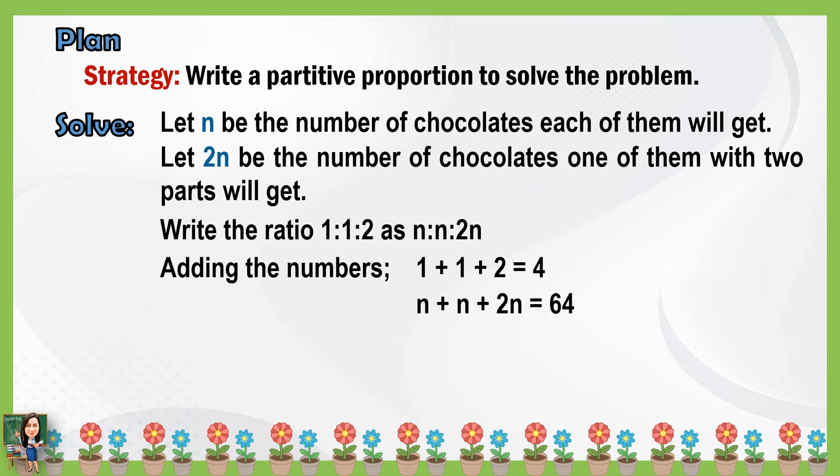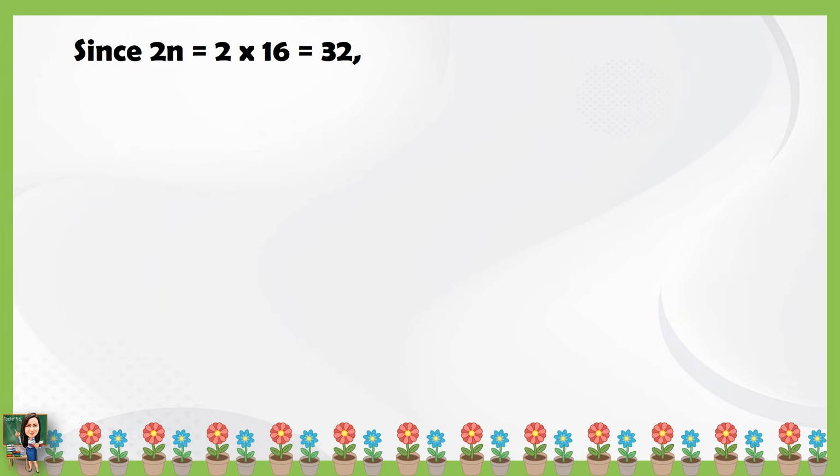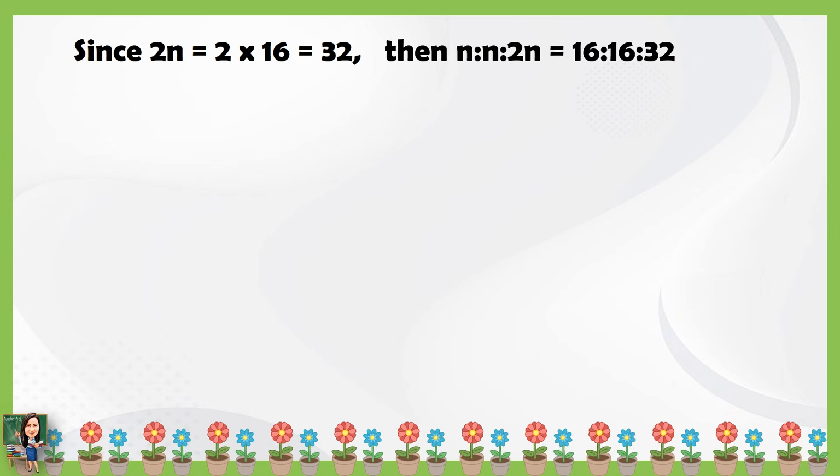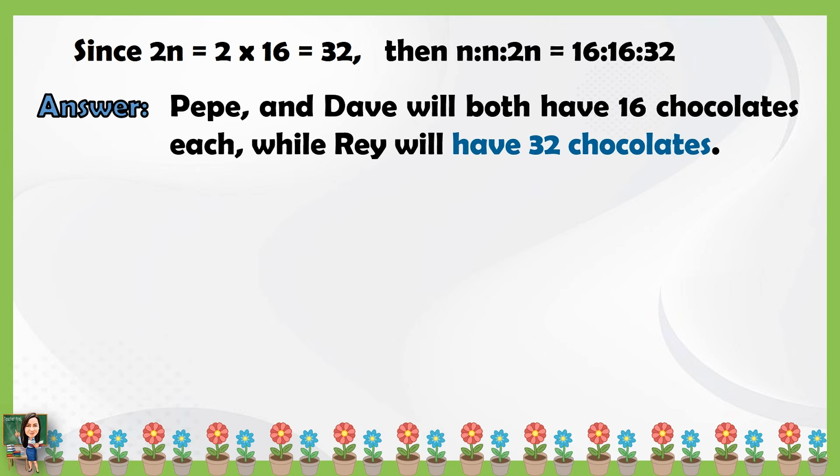Then n plus n plus 2n equals 64, which is the 64 chocolates. 4n equals 64. The value of n is 16. Since 2n equals 2 times 16 equals 32, then n:n:2n is equal to 16:16:32. Let's answer. Pepe and Dave will both have 16 chocolates each, while Ray will have 32 chocolates.